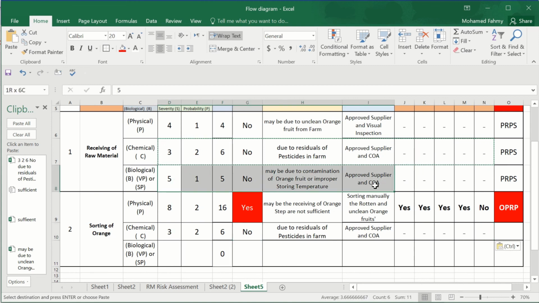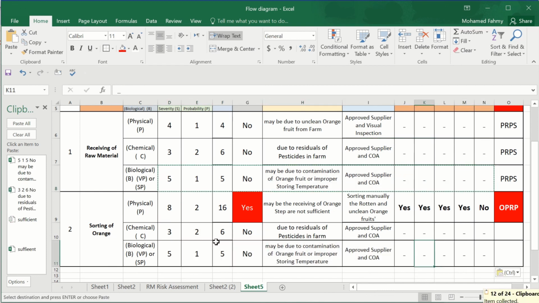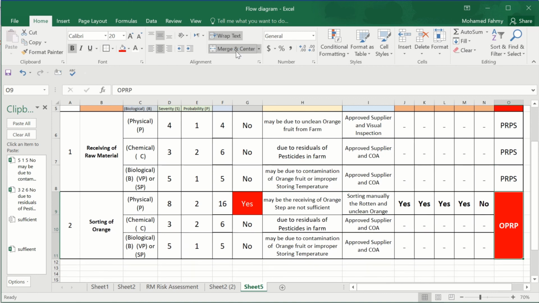The biological hazard is the same as the receiving of raw material, but it will be merged here, so that the sorting of orange is the first OPRP in our risk assessment for the process.